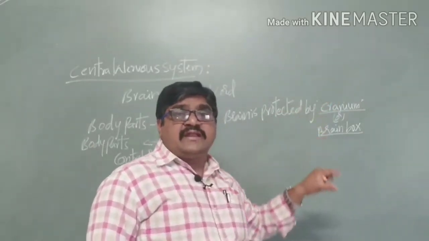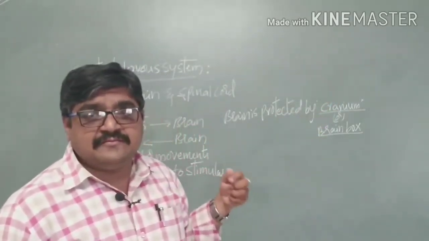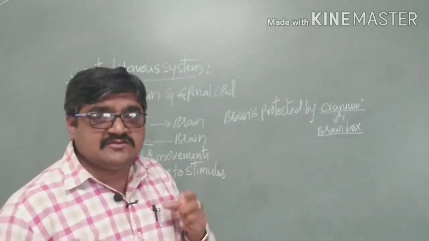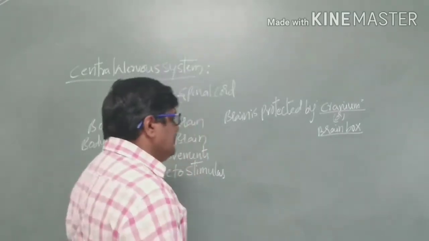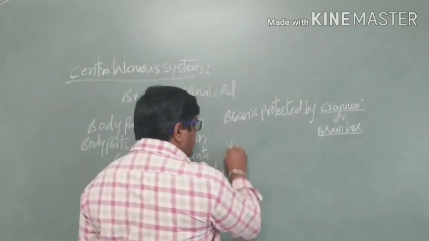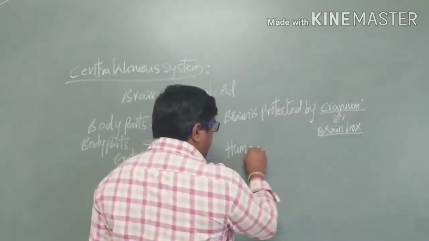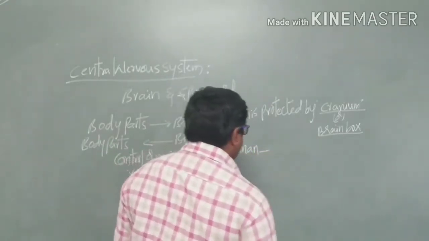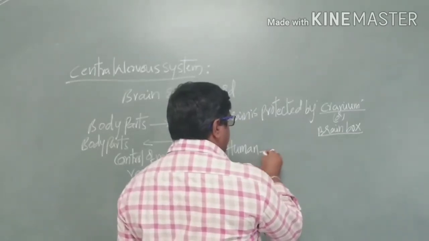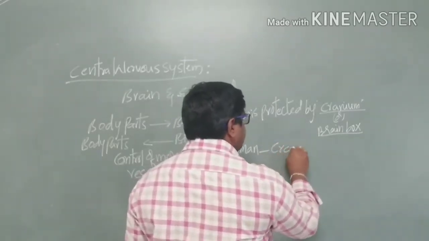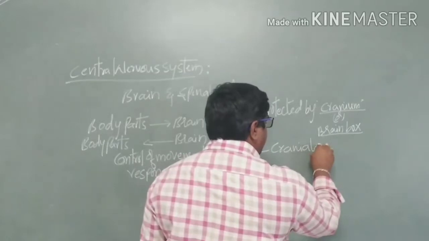So the brain is protected by a specialized box called the cranium. Due to this, mammals, including humans, are also called craniata.